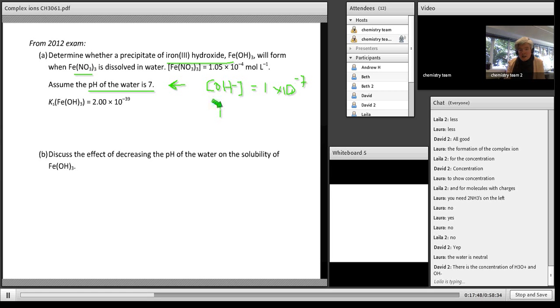And the concentration of the hydronium ions is exactly the same. It has to be identical because, as was said by Laura, it has to be neutral.